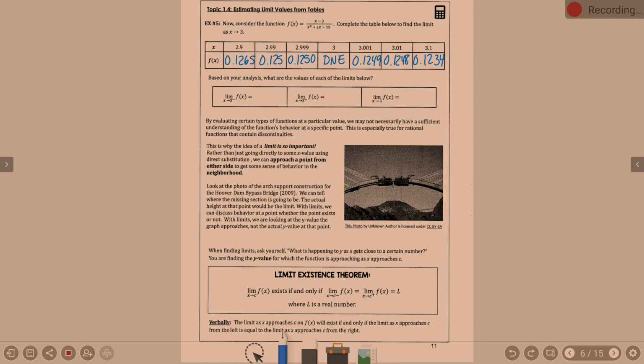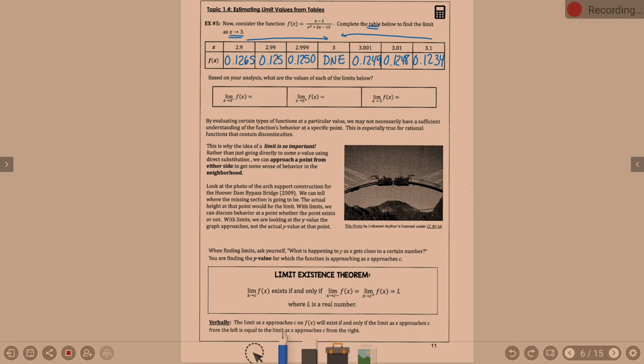Now, we're going to use a table here to find the limit. So look, we're talking about as x approaches 3, right? So as we go this way, and as we go this way. Does my graph have to exist at 3? No. No, it's a limit. What are we approaching from either side? 0.125, yes?